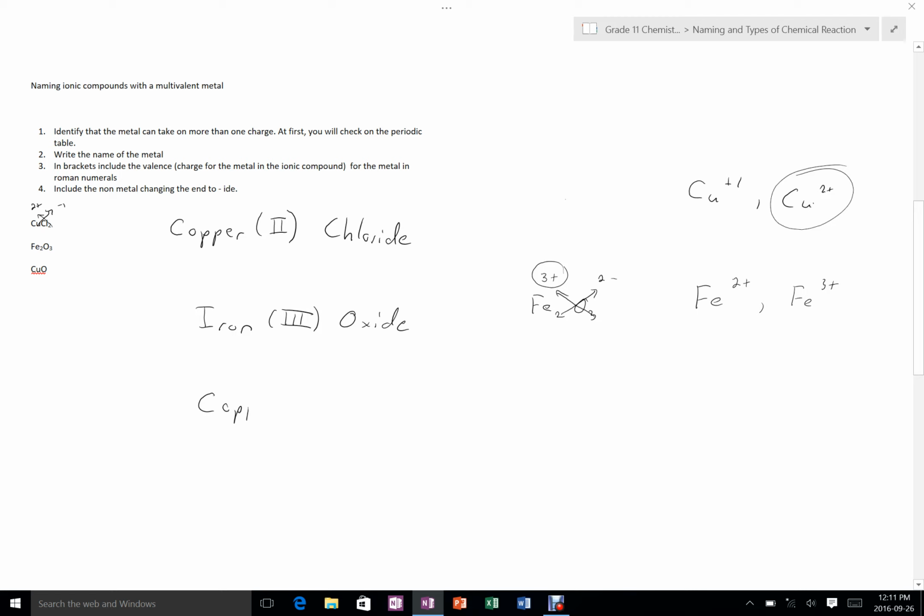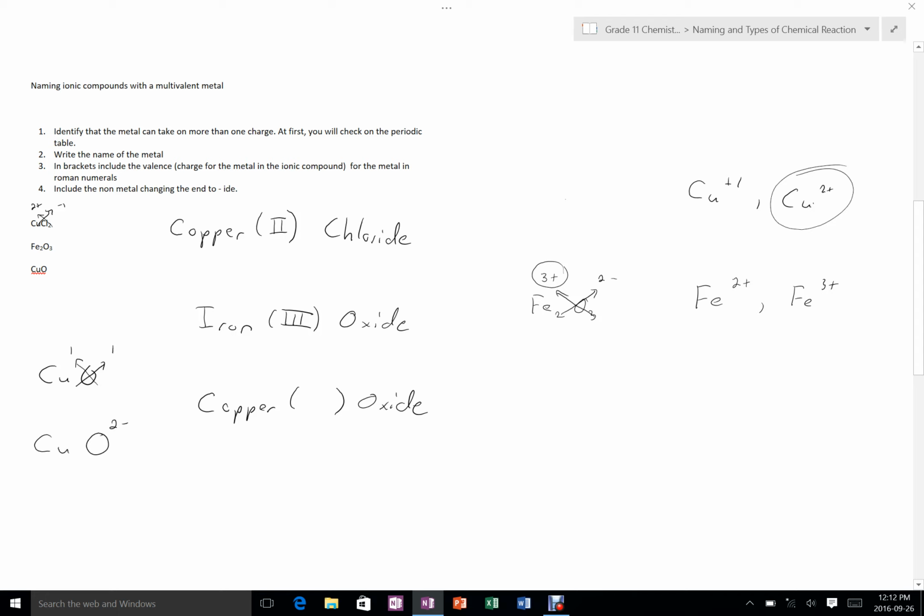Last one, and careful here, it might seem simple, but there's a trick. Copper oxide, and because I know that copper is one of my multivalent ones, I know I need to put the valence in. Now if I just looked at this compound, CuO, and reversed my crossover, I might have thought it was 1 and 1, and so I might want to say this is copper 1. But if I think a little bit more carefully, I'll remember that oxygen itself has a valence of 2-.